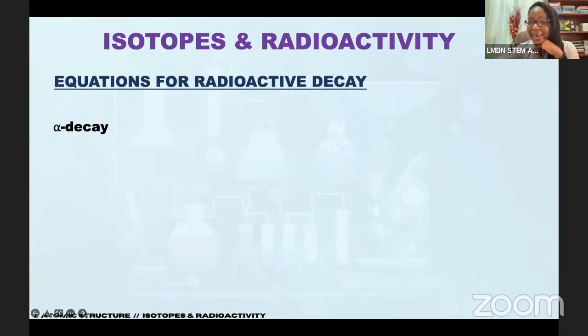So when a radioactive isotope undergoes alpha decay, we get a helium nucleus as a result, and we also get a smaller element, for lack of a better word. Let me show you what that looks like as far as alpha decay goes.